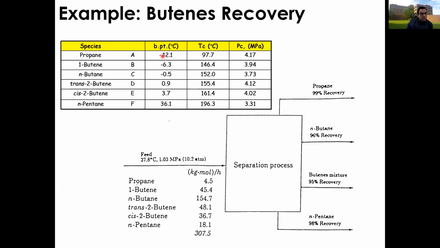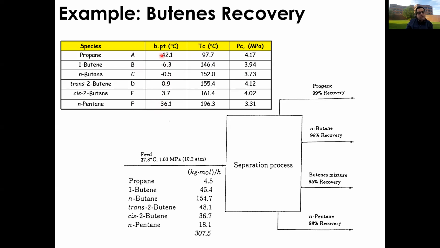Propane boils at -42, pentane boils at 36. There's a big jump between propane and butane, about 35 degrees. And then all the butenes seem to fall in one sort of 10-degree range, I have 4 components, and then there's a second jump to n-pentane.